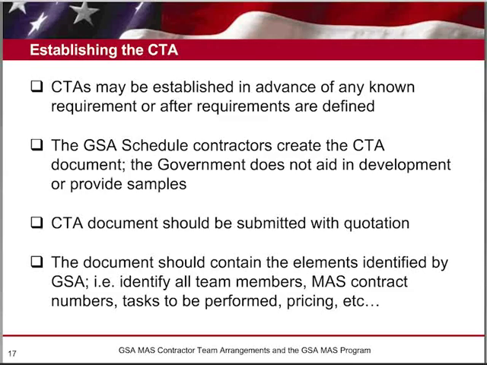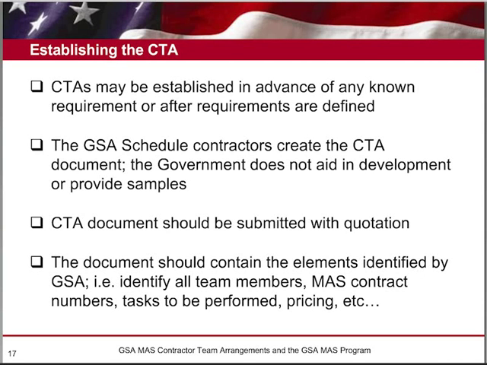It's interesting, there was a GAO protest case where a vendor failed to provide all the information on its teaming partners, and essentially the government said that they could not evaluate the offeror's capability to perform, and so the contractor protested that, and GAO denied the protest. So it's important to make sure that you provide that CTA document and that it addresses everything to ensure that the government can evaluate the quote.